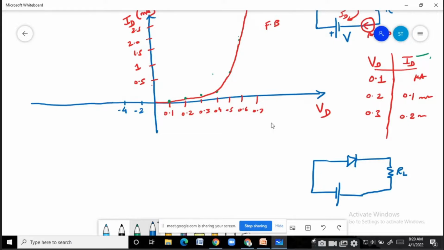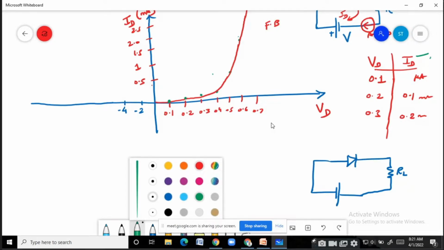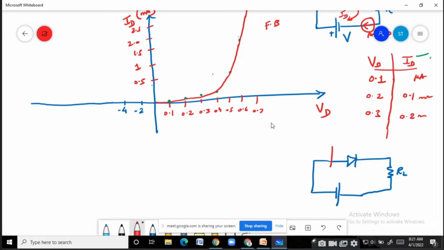So you're going to connect a multimeter over here. Here a voltmeter, suppose. This is for measuring VD, and here you are going to connect an ammeter for measuring ID.